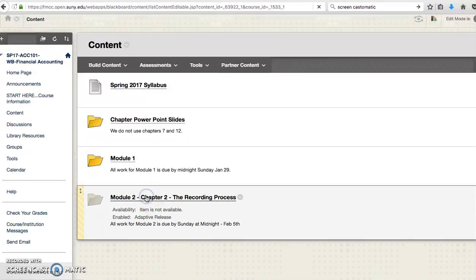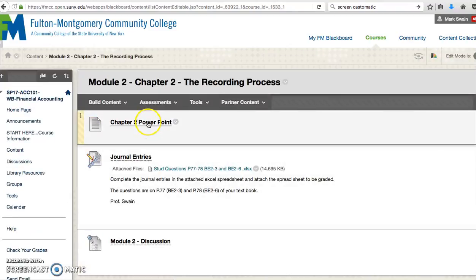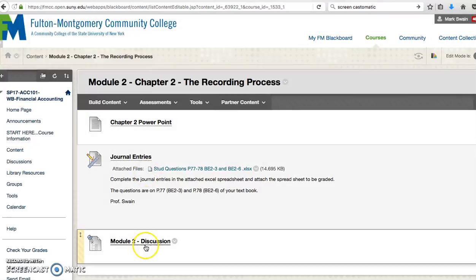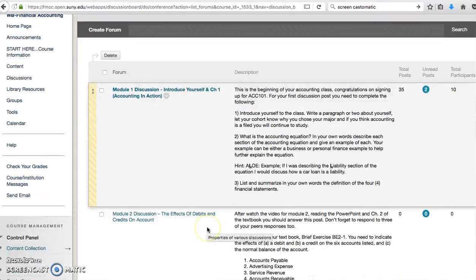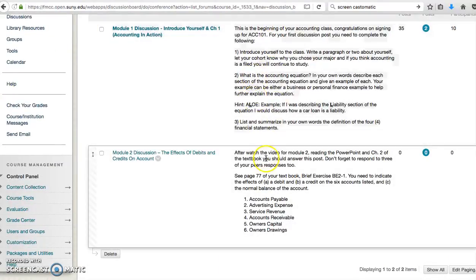If you click on Chapter 2, I recommend that you read the Chapter 2 PowerPoint slide, read your textbook Chapter 2, and then answer the discussion post. If you click on here, Module 2, this was your first discussion post.